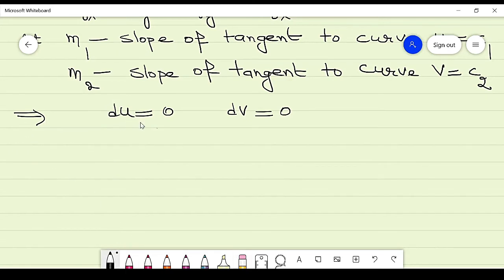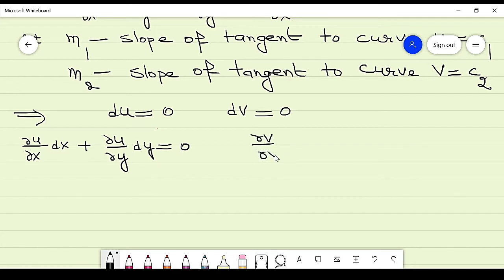So du can be written as ∂u/∂x dx plus ∂u/∂y dy, which is equal to 0.